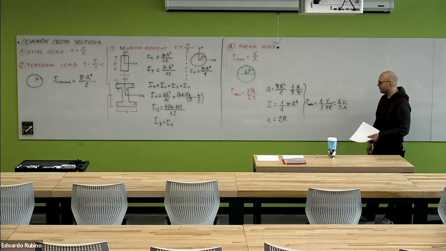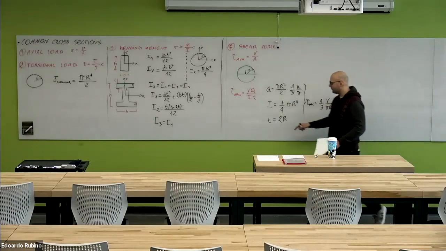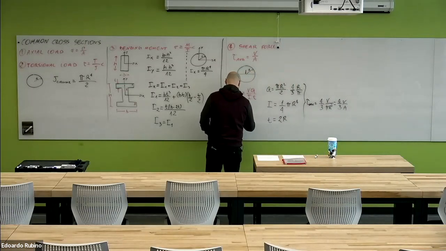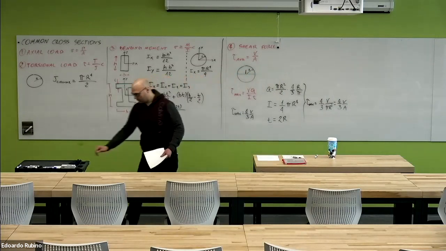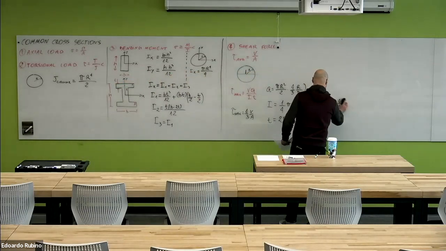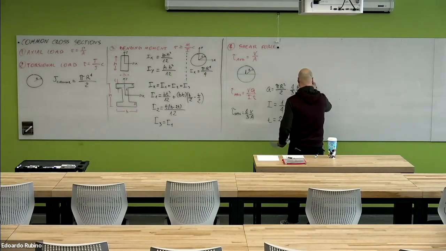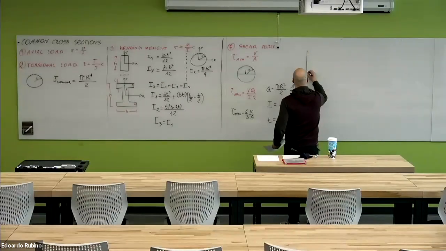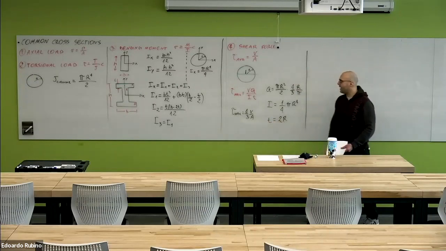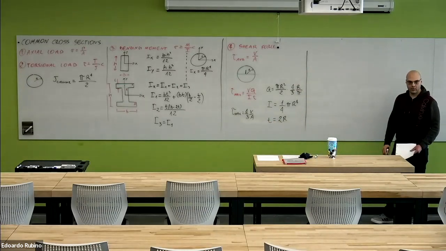So we can look at another cross section that we can typically find when we have a certain shear force. I'm going to copy this equation here so we have more space. And now we can look again at a rectangular cross section.